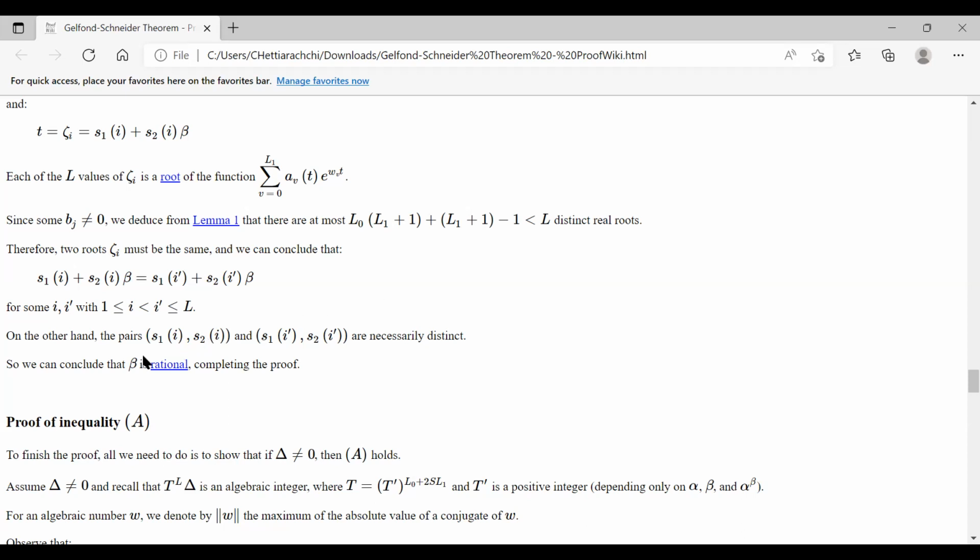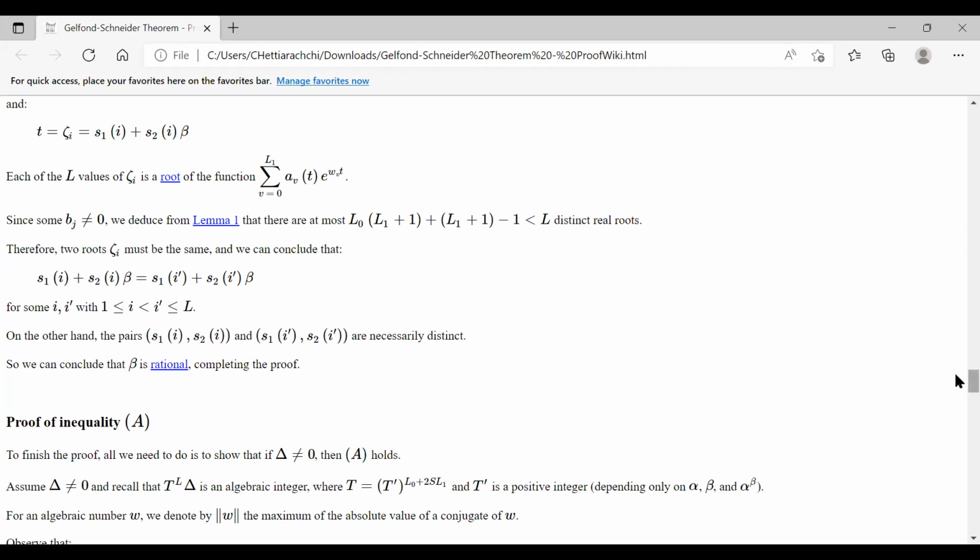And not only that, these are necessarily distinct, which means we never divide by 0. So when you solve this, you get beta as a quotient of two integers, which is rational. So we can call that beta is rational, completing the proof.